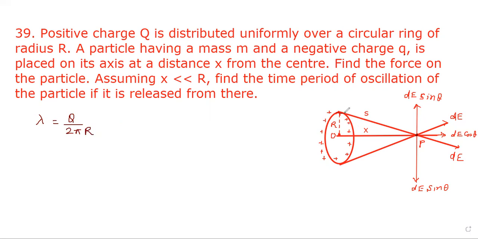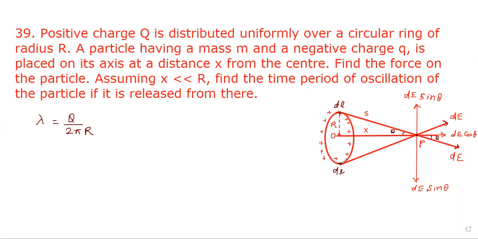Now we consider small length element dl here and another element dl here diametrically opposite, and we will consider the electric field contribution due to both of them. So due to this current element dl, electric field will be like this. Its component, if this angle is theta, so its component dE cos theta will be along this direction and dE sin theta will be in this direction.